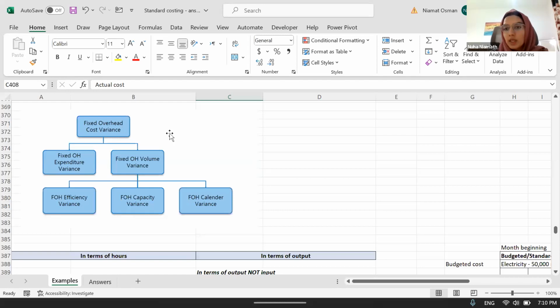SR into SH. Absorbed cost is SR into SH. Is SH standard hours for actual output or standard hours for standard output?